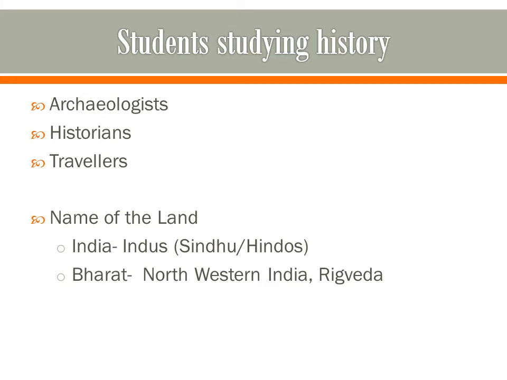Students, now I want you to read the passage on page number 3 with me. Students studying history, archaeologists, historians and travelers. We also studied who all study history and how. How do we get to know about them? Let's read.